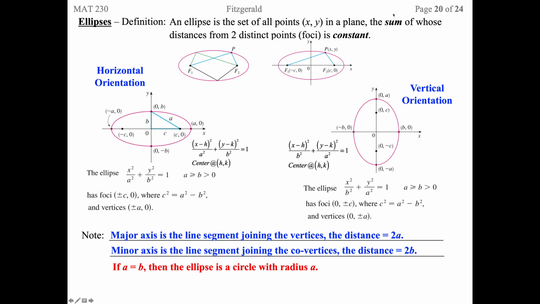So this constant sum that's in the definition, make a note, it's the same distance as your major axis, 2a. So from negative a to a, that distance is the same as these two segments added together.